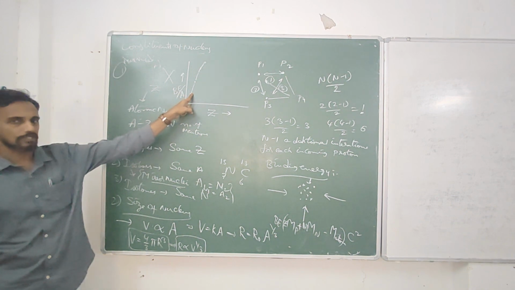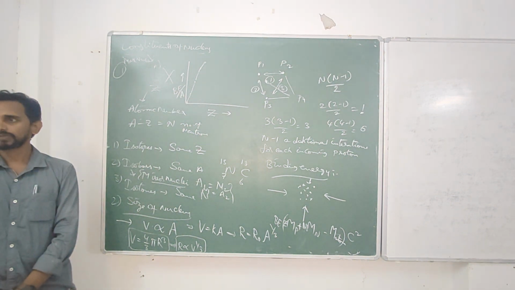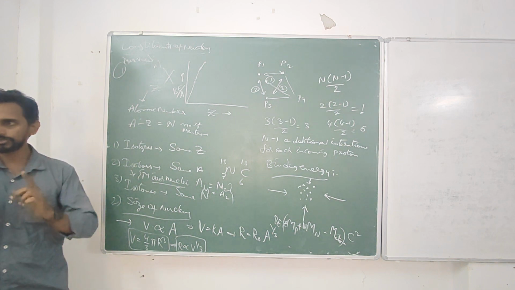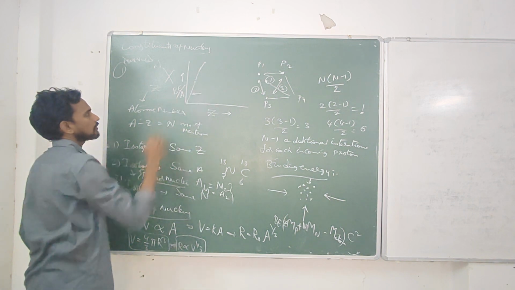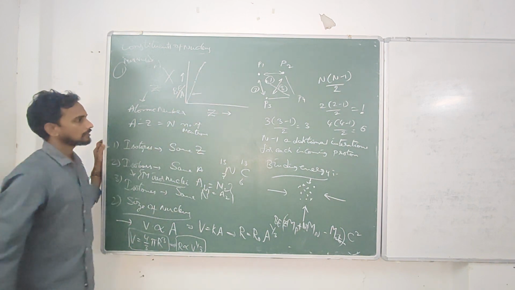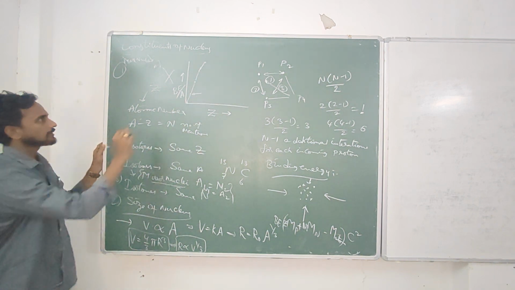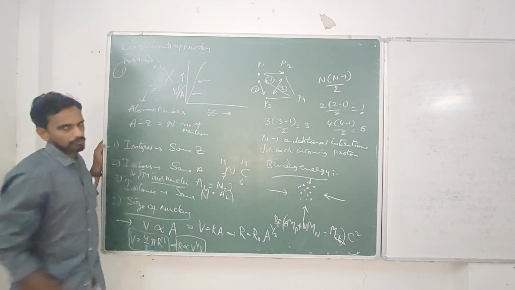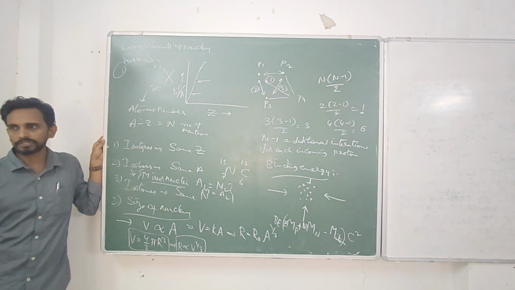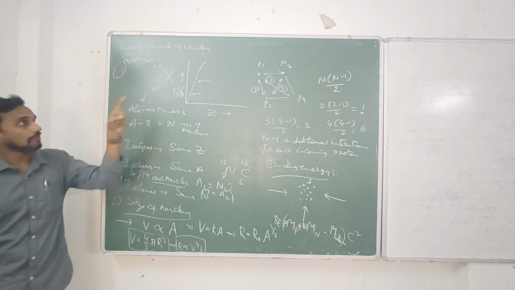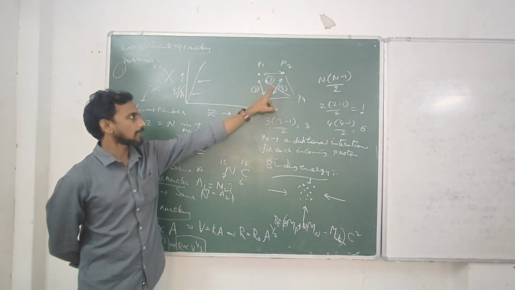If I go to the next level, helium, I have 2 nucleons, 2 protons, so I require a certain amount of binding energy. If I add one more nucleon, lithium, the third element, I will be adding 3 new interactions.